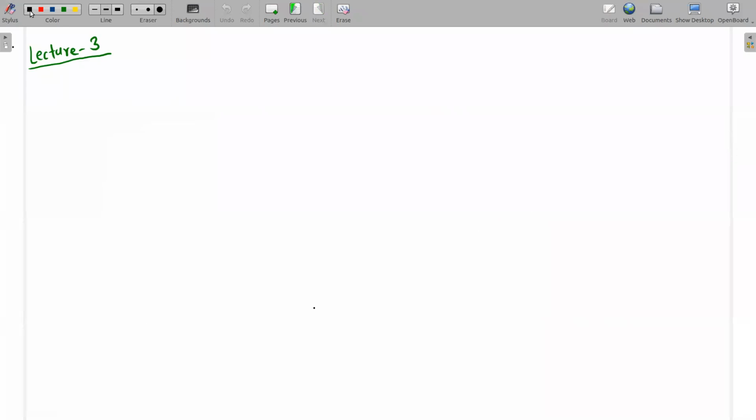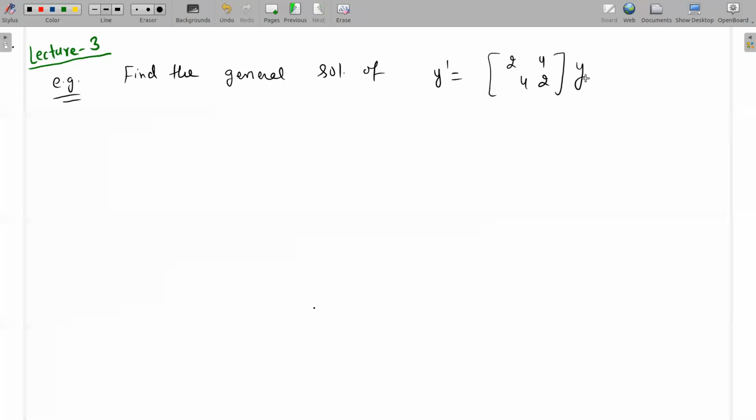So now our aim is to solve the system, but that is restricted to finding eigenvalues and eigenvectors. And that you know from elementary linear algebra. So this is an example. Find the general solution of the system y dash equal to [2 4; 4 2] y, and also solve the associated IVP.